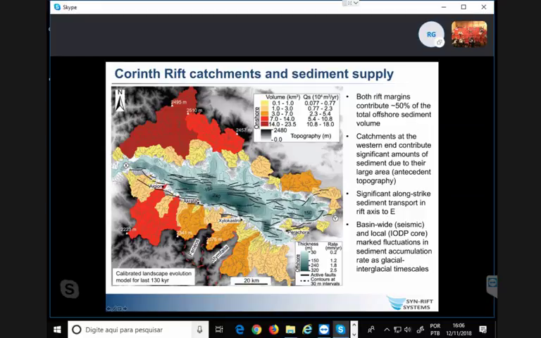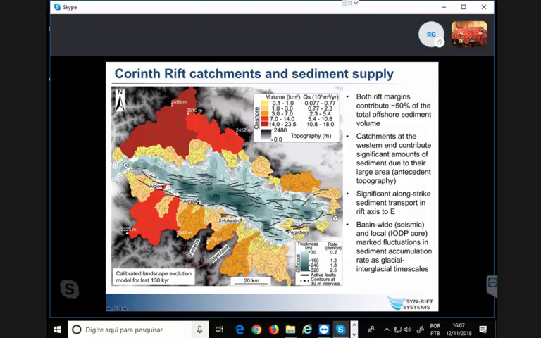last 130,000 years. One thing you see from this is that the western part of the rift, where the high topography is, these dark grey colours in the background, is the main source of sediment, yet the main depocentre is in this central part of the rift.